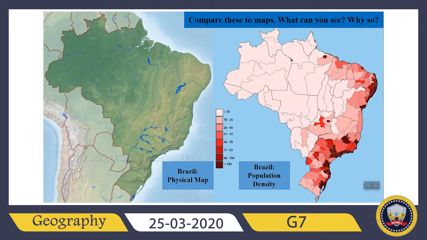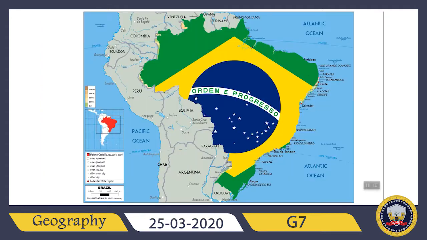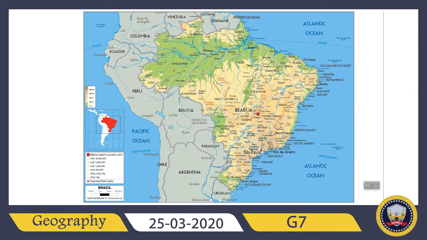Okay, now you will look at this map. Do you like it? It looks very colorful, but you can't see any features. You know why? Because I still didn't press this button. Okay, now you can see Brazil with all the cities and everything on it.